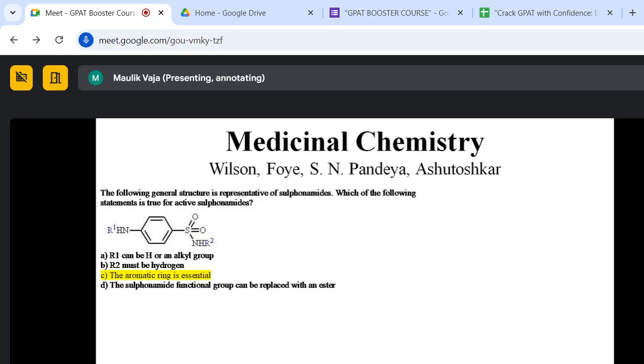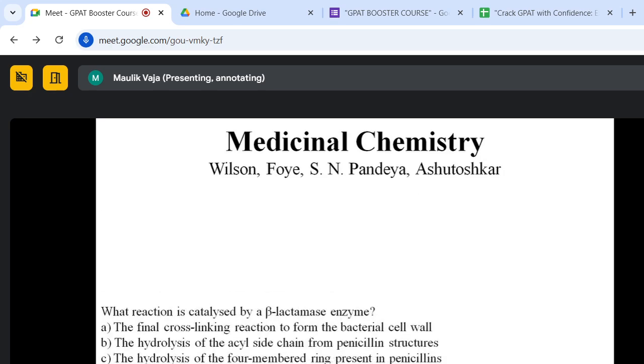The aromatic ring is essential in sulfonamide. If the aromatic ring is not present, then the compound will become inactive. So option C will be the correct answer, that the aromatic ring is essential for sulfonamide.